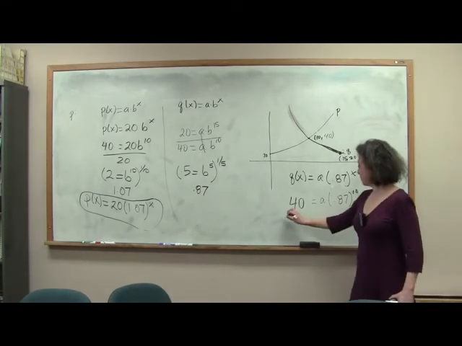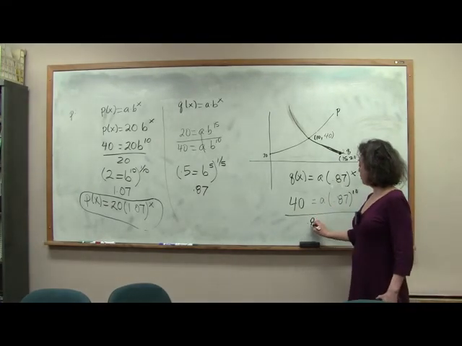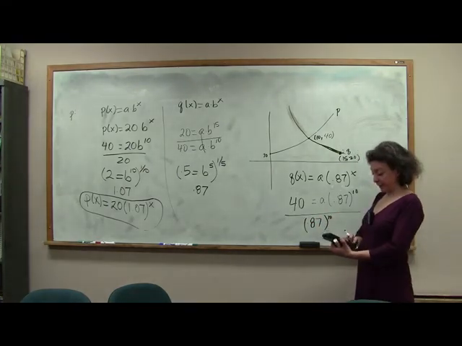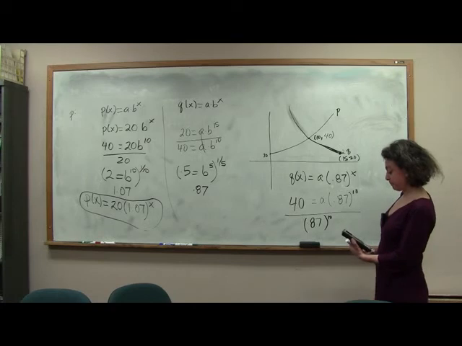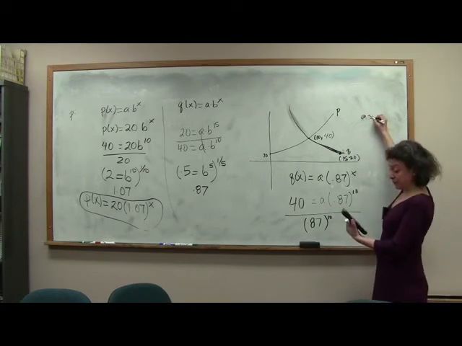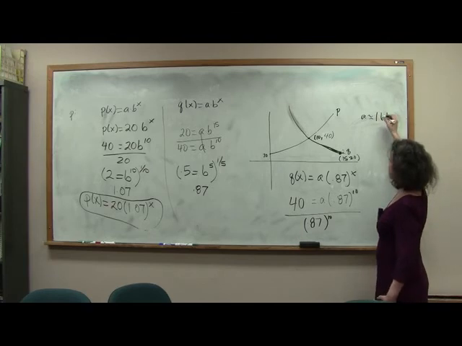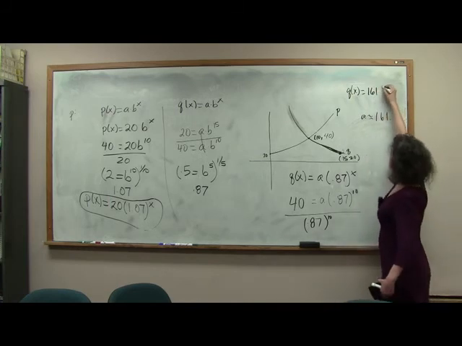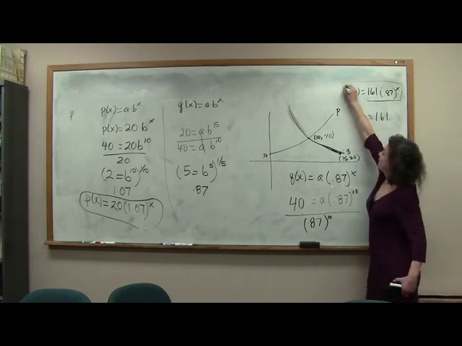Okay, so in order to find our value of a, what we're going to do is divide both sides by 0.87 to the 10th power. If I do that, I get a to be approximately 161. So notice my function here is 161 times 0.87 to the power of x.